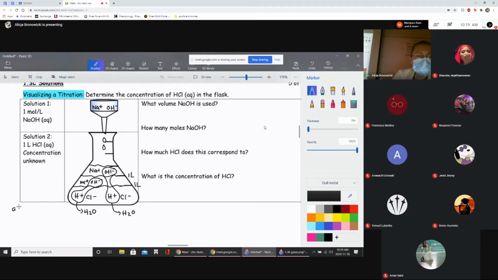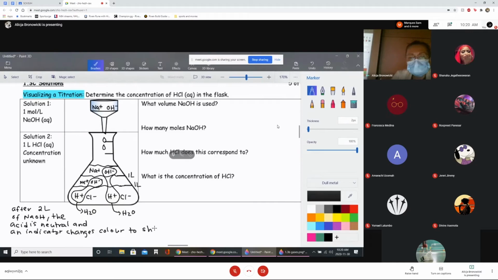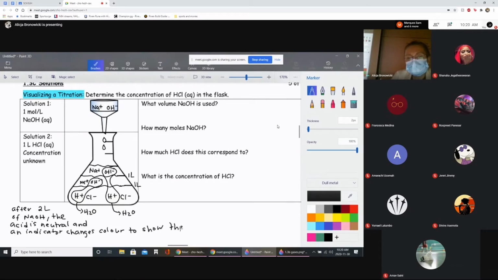So after 2 liters of NaOH, the acid is neutral, and an indicator changes color to show the reaction is complete.